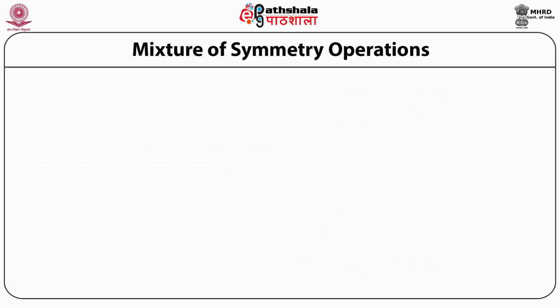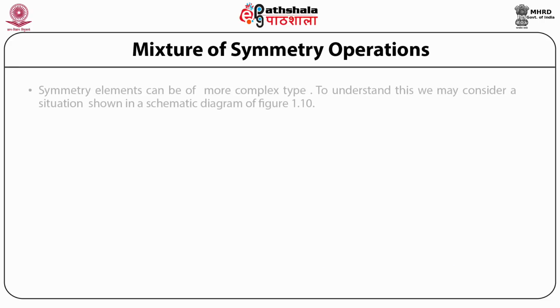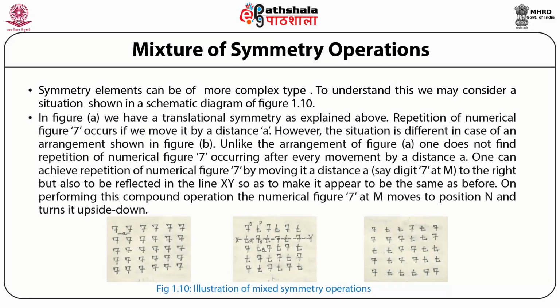Mixture of symmetry operations. Symmetry elements can be of more complex type. To understand this, consider a situation shown in a schematic diagram of figure 1.10. In figure A, we have a translational symmetry as explained above.